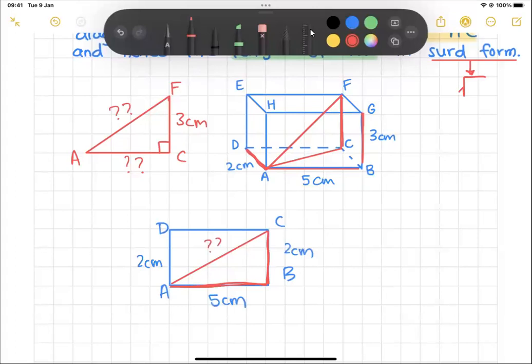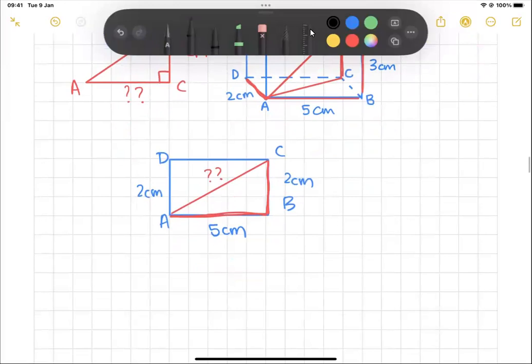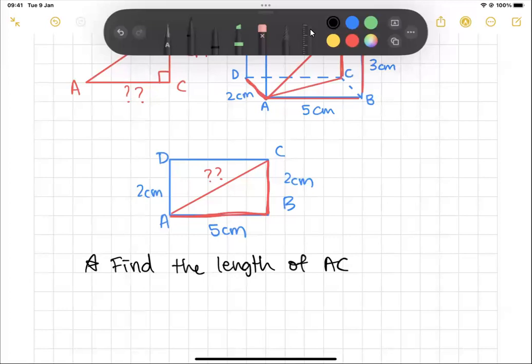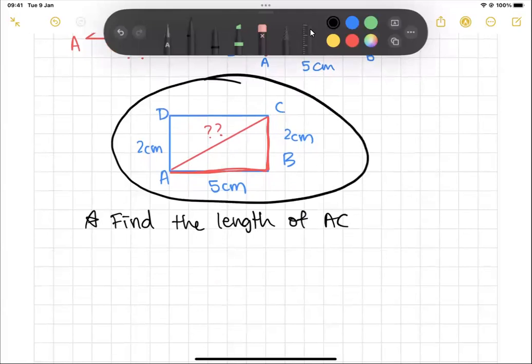So first off, I'm going to solve for AC before solving for AF. First, find the length of AC. Looking at this diagram that I've drawn, I can tell that I need to use Pythagoras theorem.